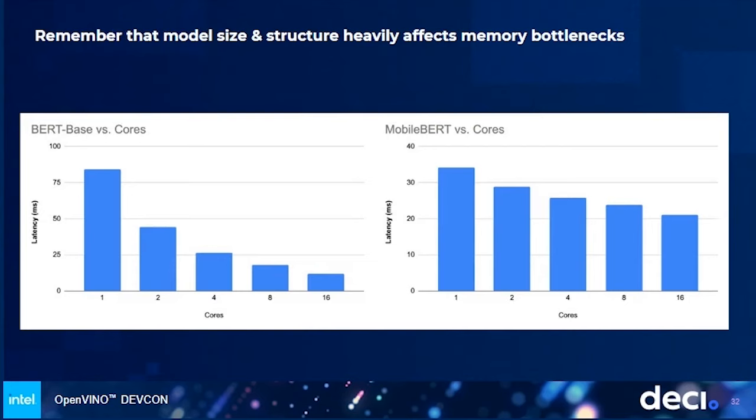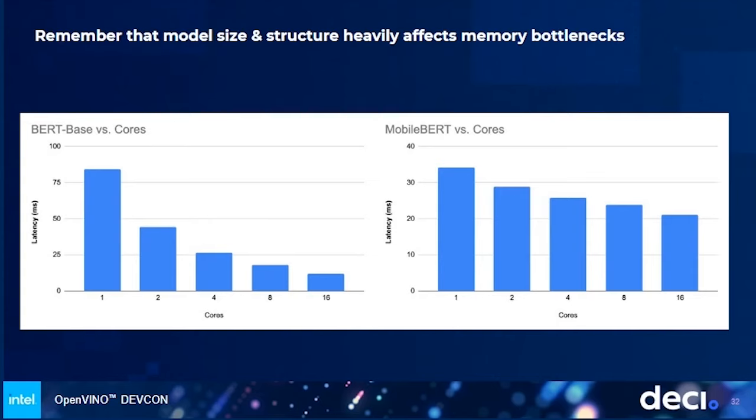For instance, in MobileBERT you get much more diminishing returns, and faster than in DeciBERT. So you get different sweet spots for every network.